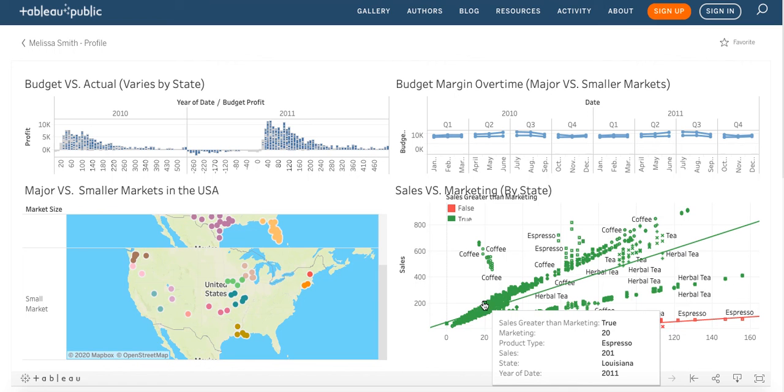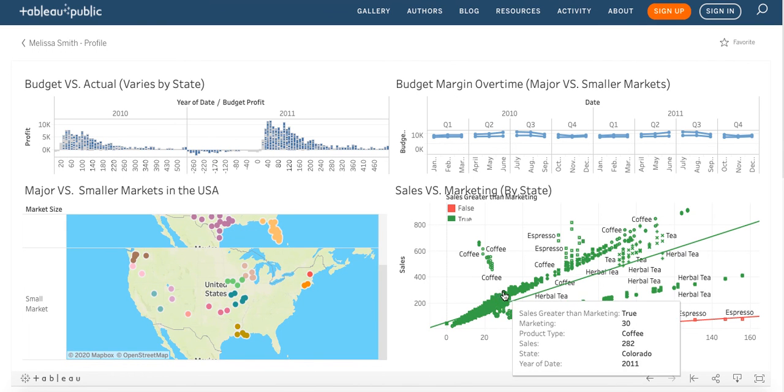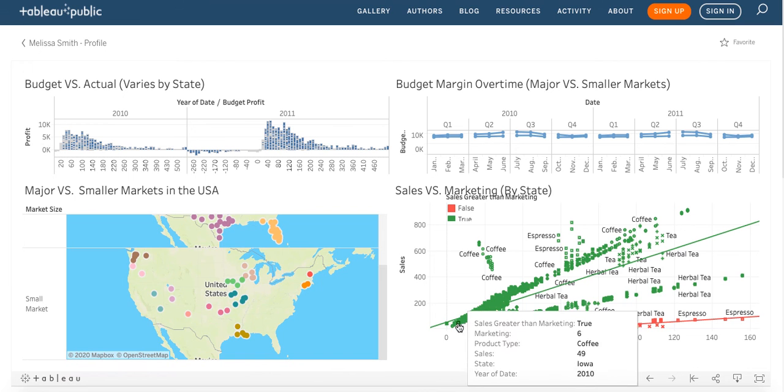So as you can see, you want to use this graph to see the impact in the future, where it will go when the future comes. This little key over here, sales greater than marketing, false and true: red is false, green is true.